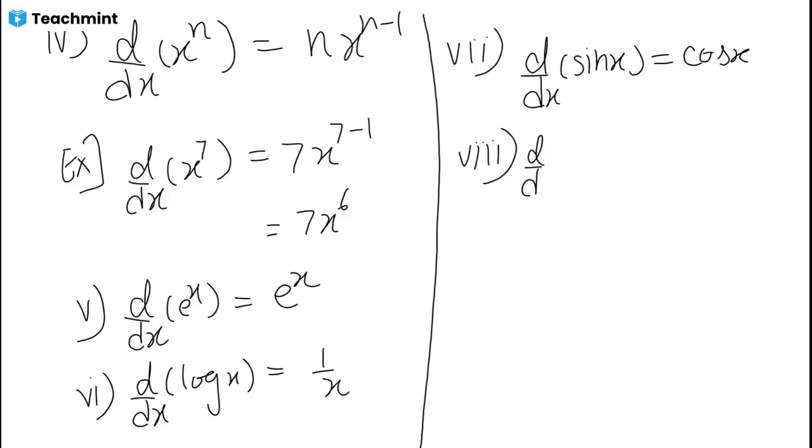Next, differentiation of cos x. We'll do examples later by combining more than one function, with sums, differences or products. So let us learn the formulas first, then we'll do examples.